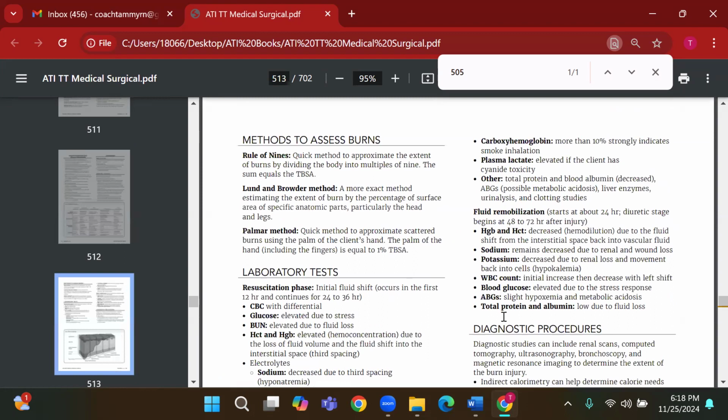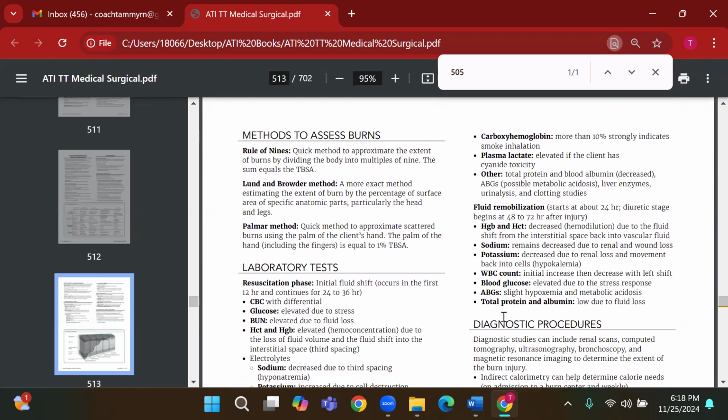When you are on this exam, you're going to be dealing with something called the rule of nines. And here in a minute, I'll show you a picture and we can look at that. But what that is, if you worked in a burn unit, it's a very quick method to approximate the extent of the burn by dividing the body into multiples of 9.